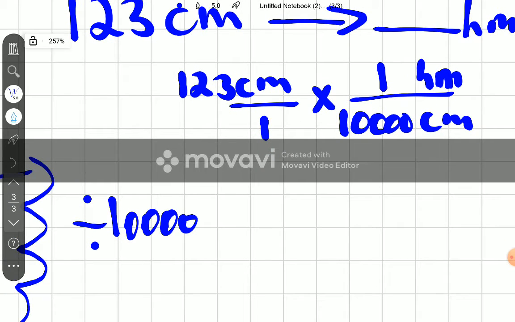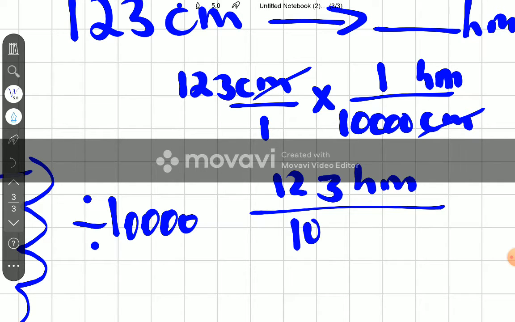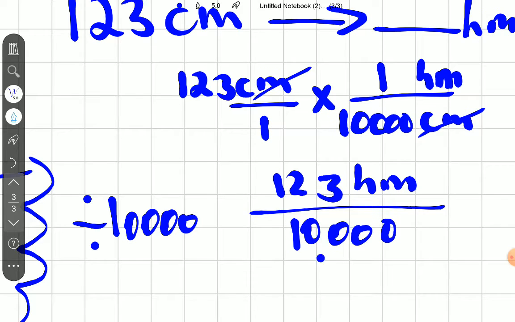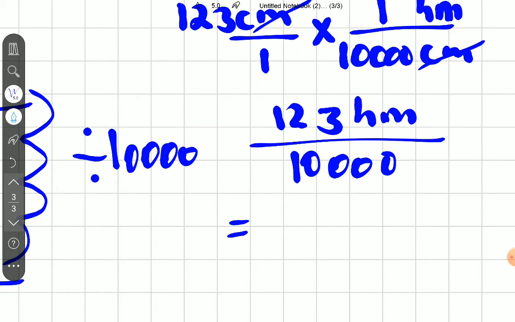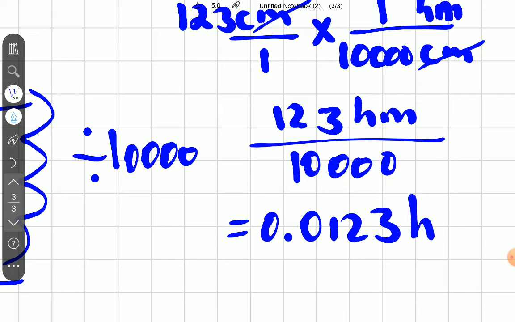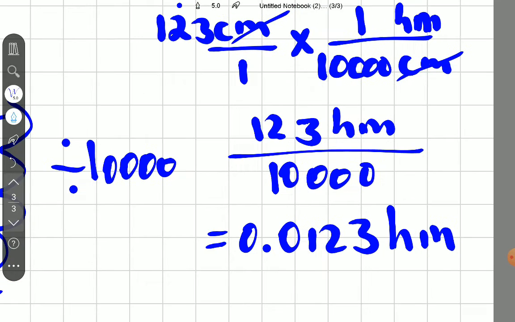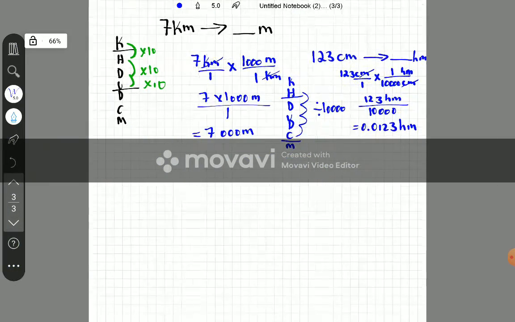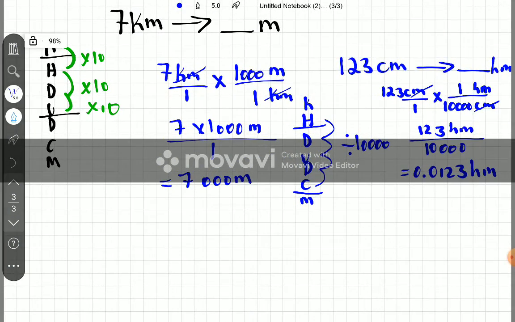And then now we divide, because we can cancel centimeters, and then this becomes 123 hectometers over 10,000. And when we divide, we get 0.0123 hectometers.